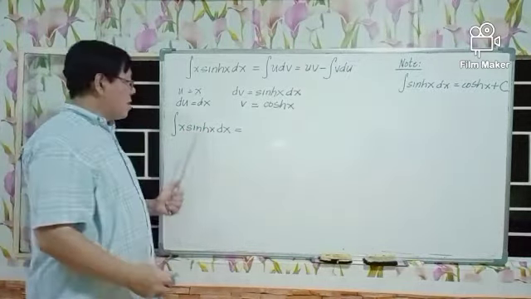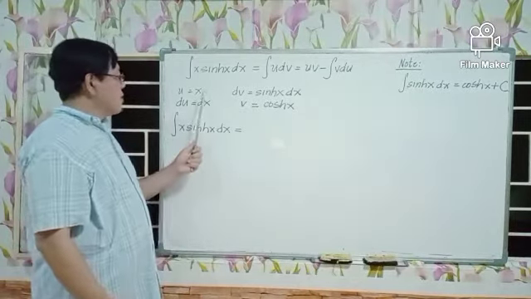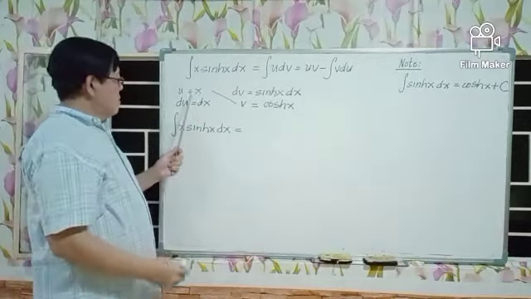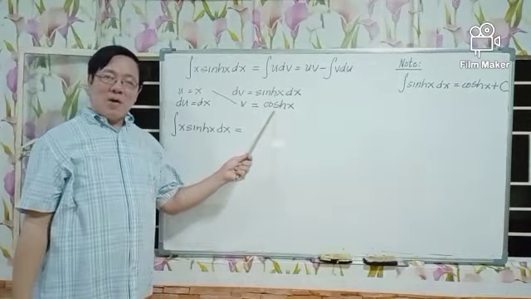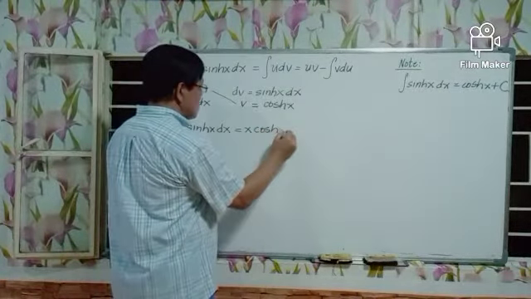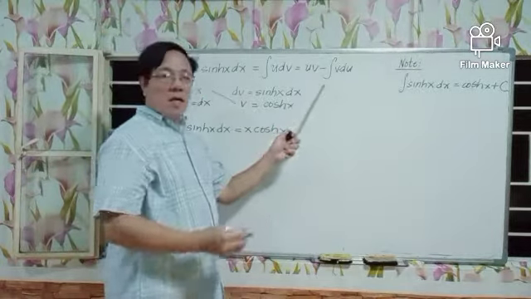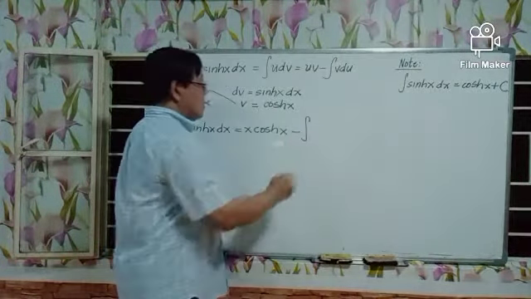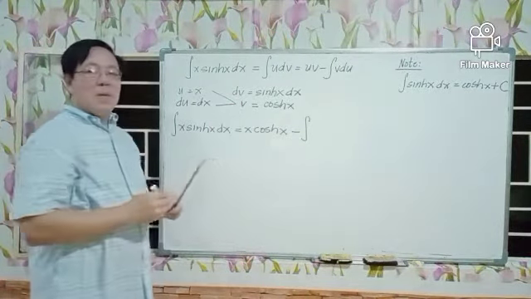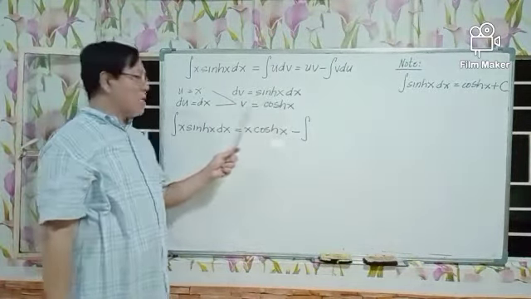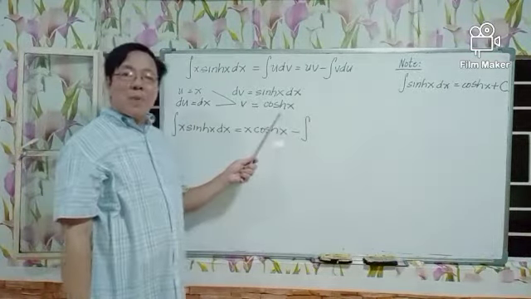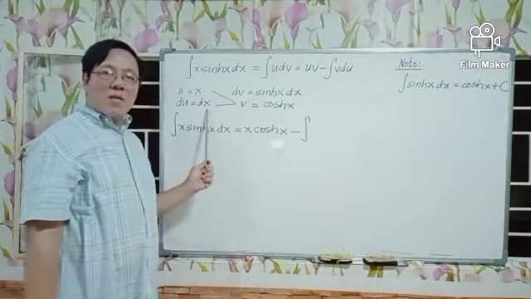Using integration by parts, this is now equal to uv, u multiplied by v, or x multiplied by hyperbolic cosine of x, minus the integral of v du. v is hyperbolic cosine of x multiplied by du is dx. So we get minus the integral of hyperbolic cosine of x with respect to x.